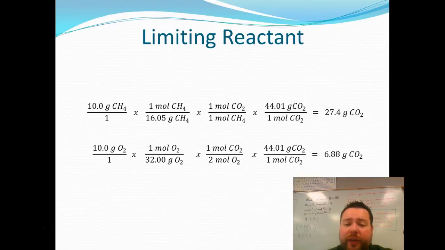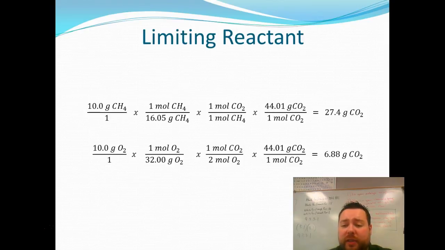However, if I have 10 grams of oxygen, then I can only get 6.88 grams of CO2 if all of that oxygen reacted.